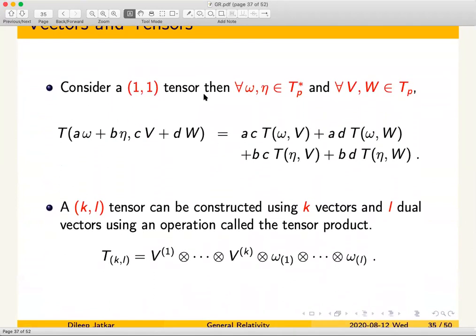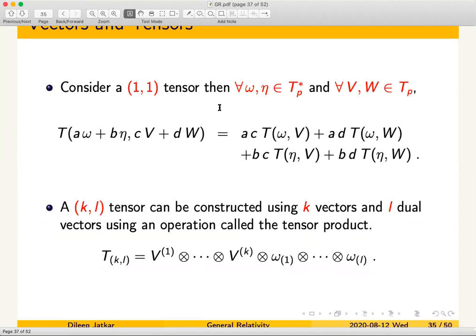So consider a (1,1) tensor. A (1,1) tensor, as you know, has one contravariant index and one covariant index. Therefore it would require one dual vector and one usual vector belonging to the tangent space to give you a number.